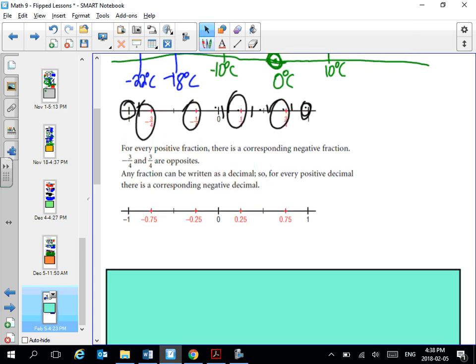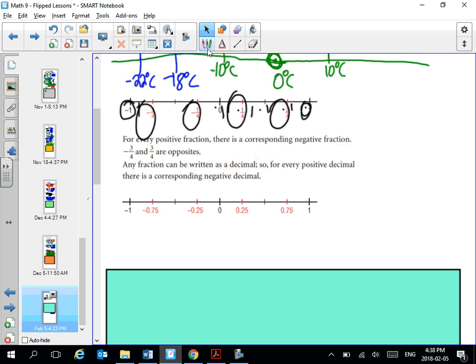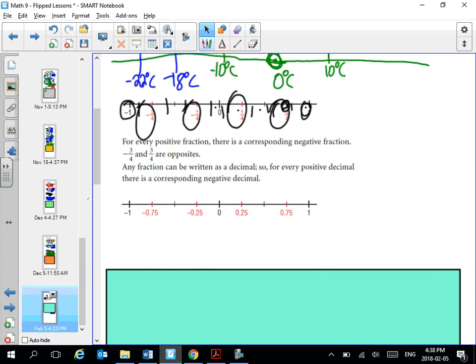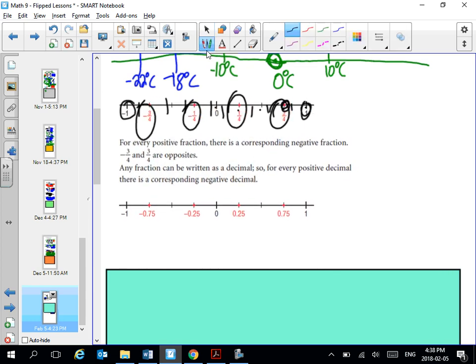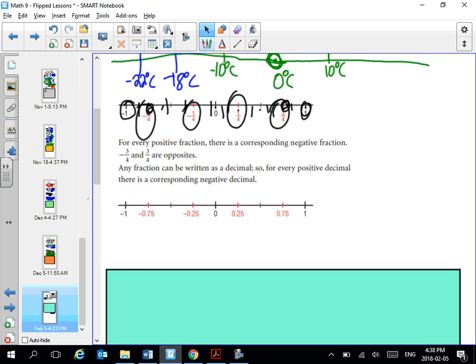Break it into 4 equal parts. So I know that 3 of my 4 equal parts, my 3/4, that distance is exactly the same as my negative 3/4. The only difference is on which direction, or on which side of 0, my numbers are.